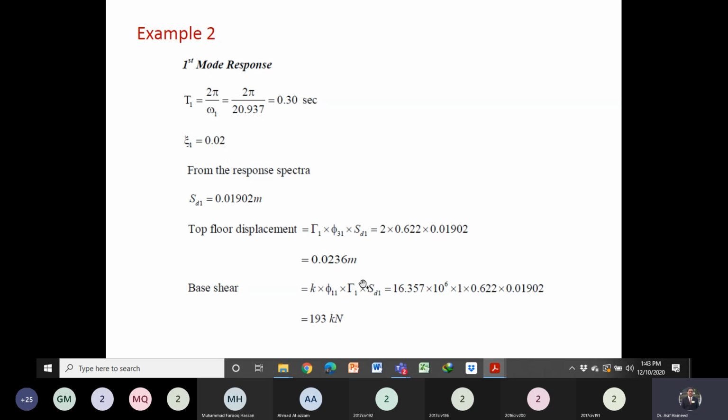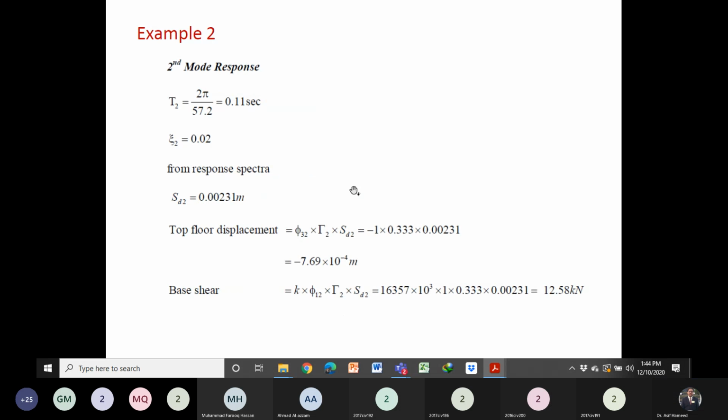We can see the spectral displacement from the graph and multiply with the stiffness, and then the modal participation factor for the first mode of vibration. And this is the displacement of the first floor in the first mode of vibration. Okay? So we can calculate the base shear here. Additionally, we have the modal participation factor and the relative displacement at that particular floor.